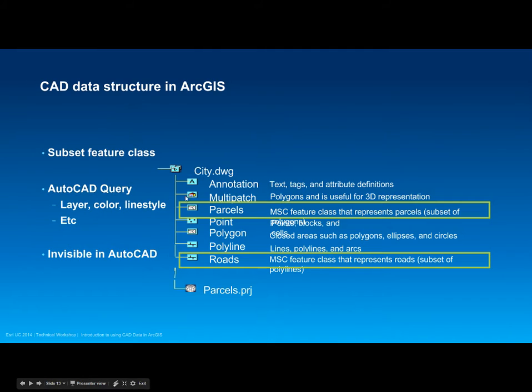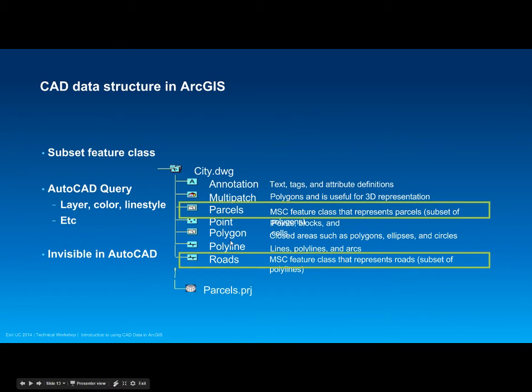So in addition to these, what I refer to as generic kind of feature classes, multi-patch, point, polygon, and polyline, you'll occasionally see feature classes that were defined using an Esri standard for CAD technicians to build data in a way that it can be read in ArcGIS. So these generic ones, again, polyline, polygon, point, multi-patch, annotation, you see a lot of.